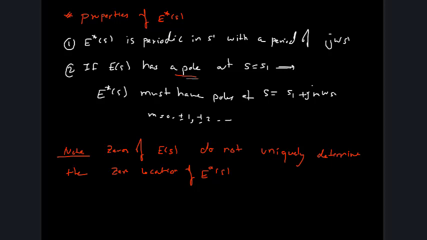So the poles of E(s) decide the poles of E star of s, but the zeros of E(s) do not uniquely determine the zeros of E star of s.